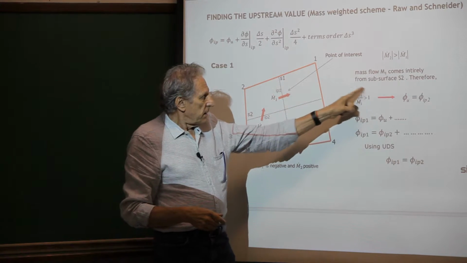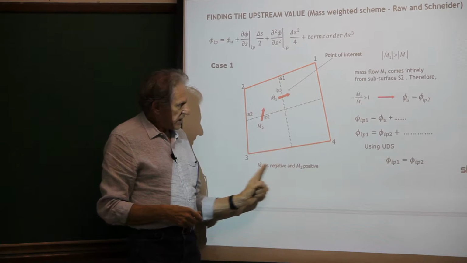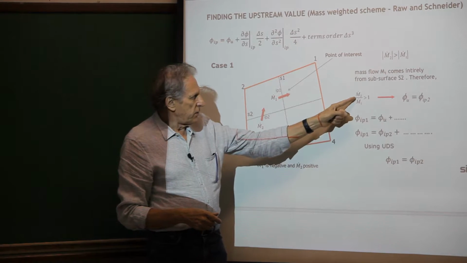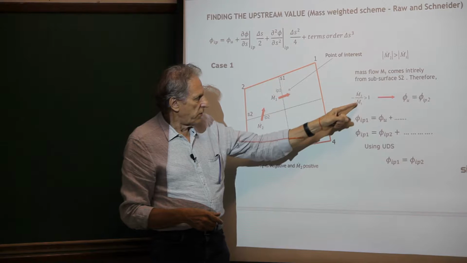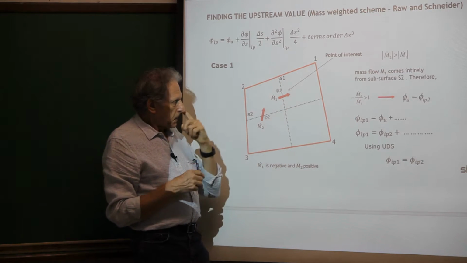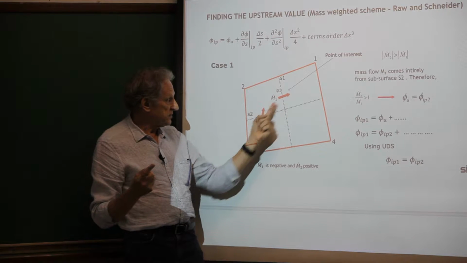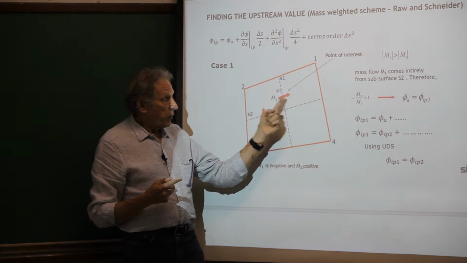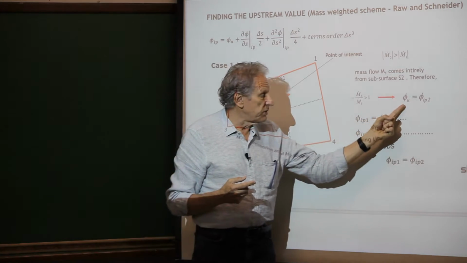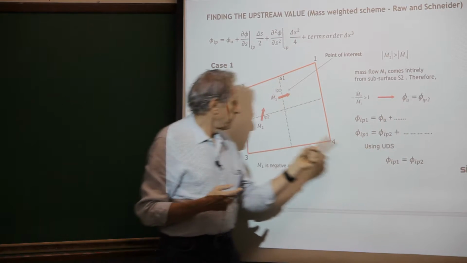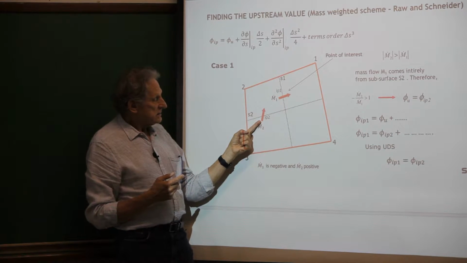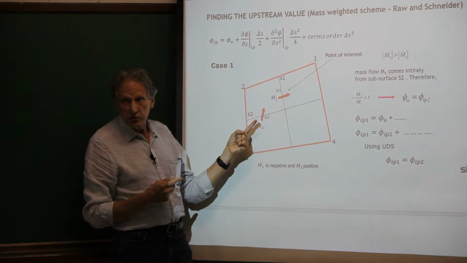Therefore, remember the sign here. So minus M2 over M1 will be greater than 1, because this is greater than that. What means that your upstream value is the phi at integration point 2.